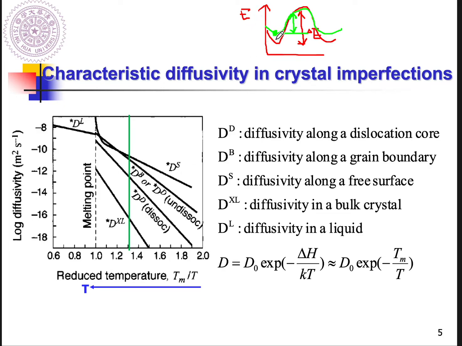Smaller lattice distortion energy. So the migration energy will be larger than the undissociated one. As long as the migration energy is larger, then the diffusivity is smaller. Okay, so this is the story.